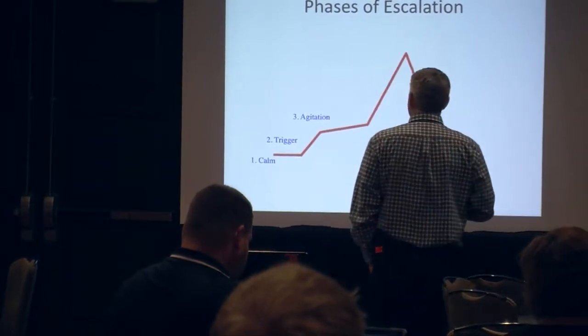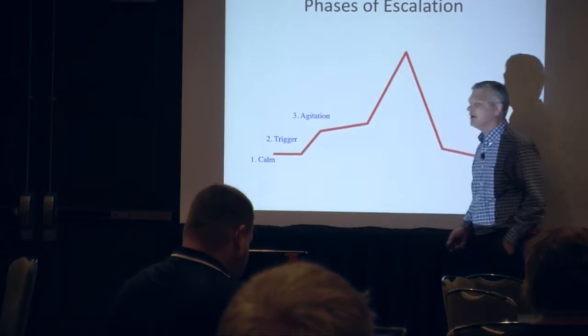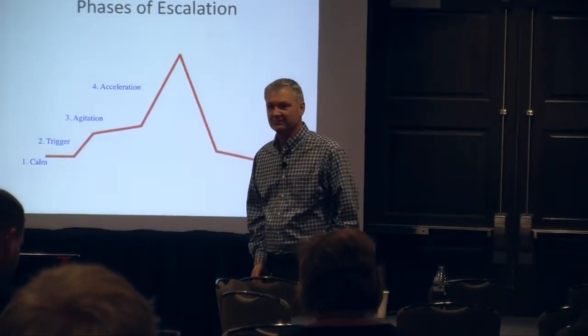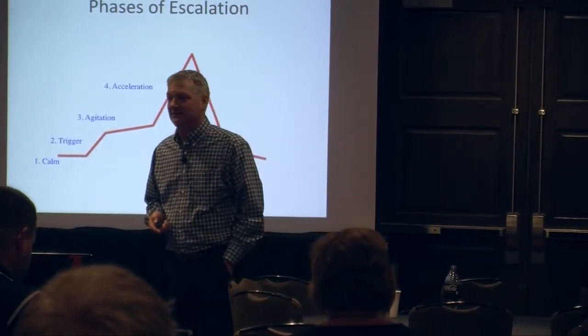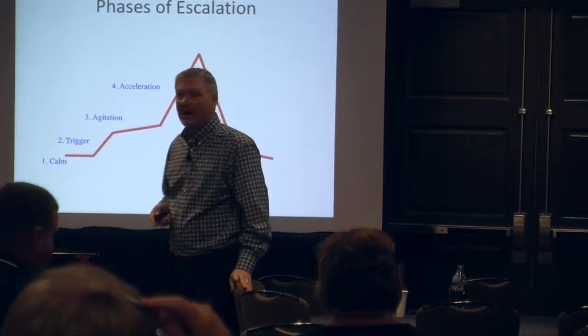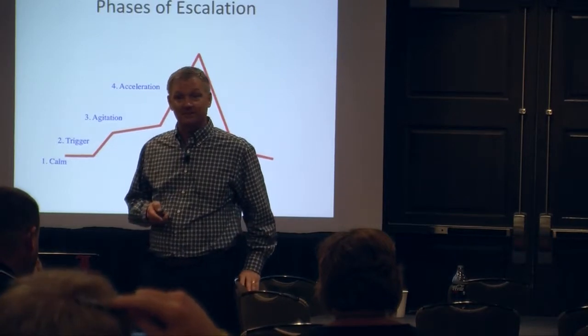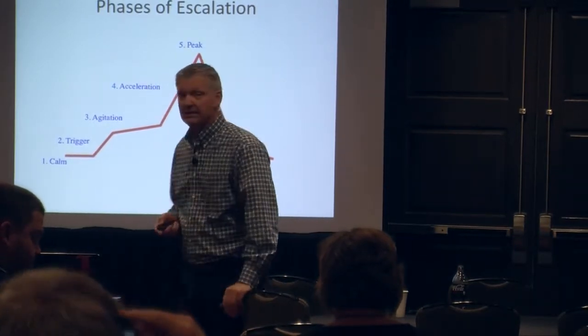But after agitation, if you can't break the cycle here, after agitation comes full-blown acceleration. And acceleration means it's going to get bad fairly fast. The only question here at acceleration is how far will it go before it starts coming back down? When we get to the top, it's called the peak.